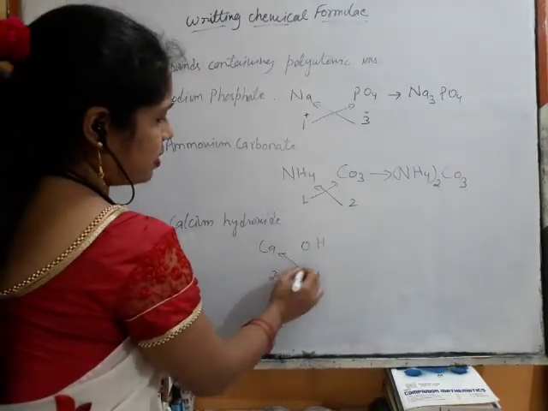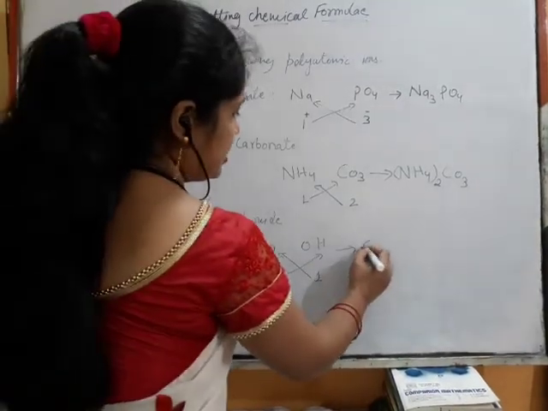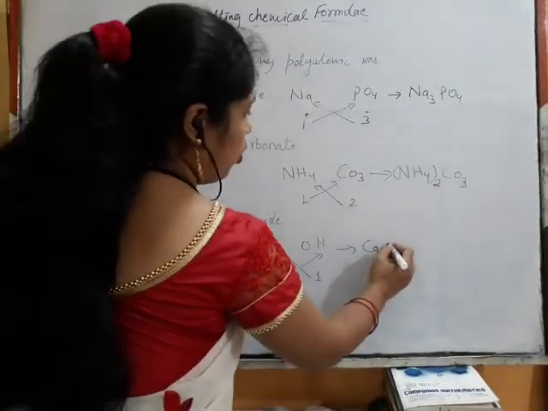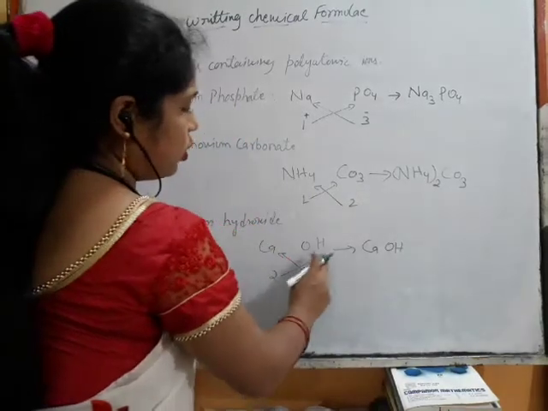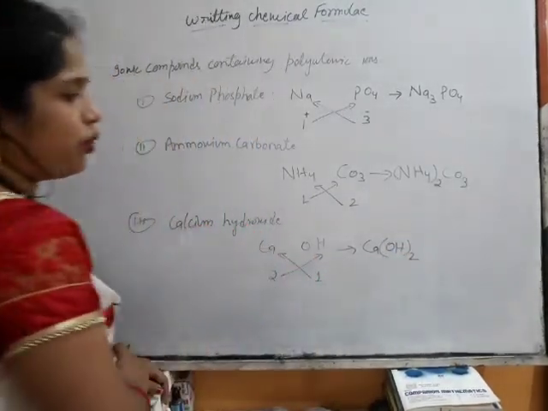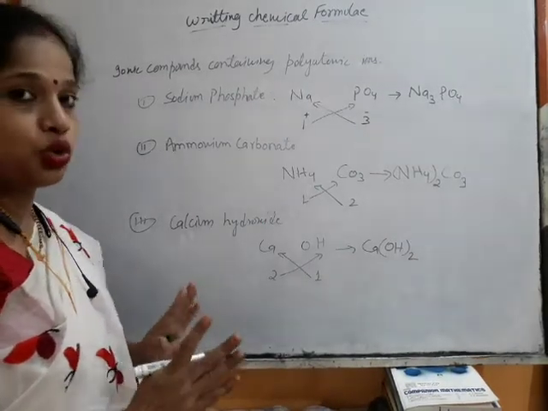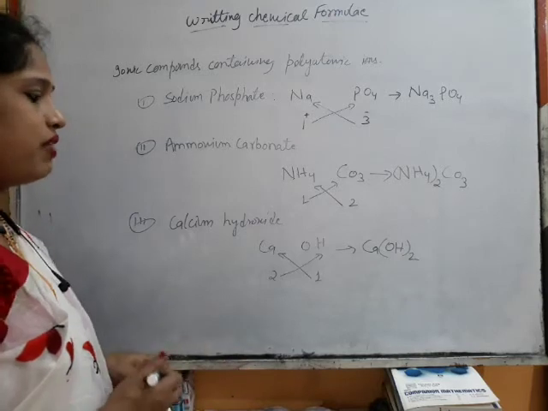So again they will crisscross to take their position. So simply Ca and OH. Since 2 will go here, we have to enclose this ion in bracket. So Ca(OH) twice, not CaOH2, Ca(OH) twice we will read.